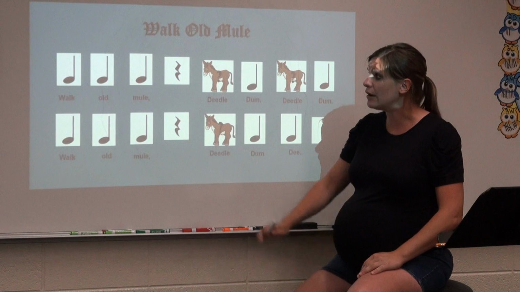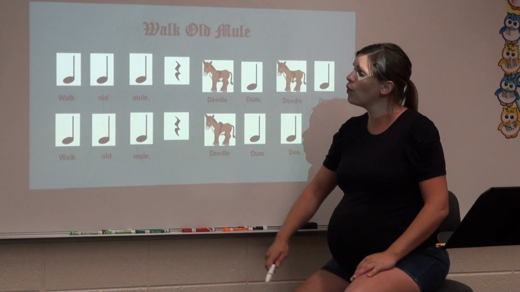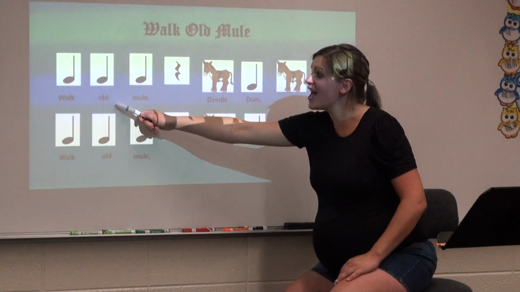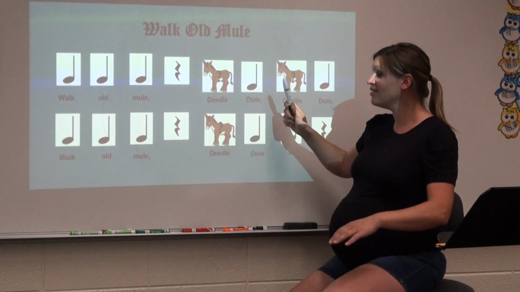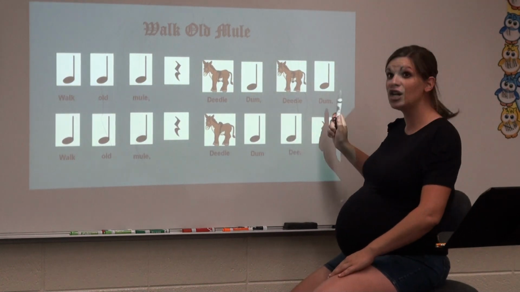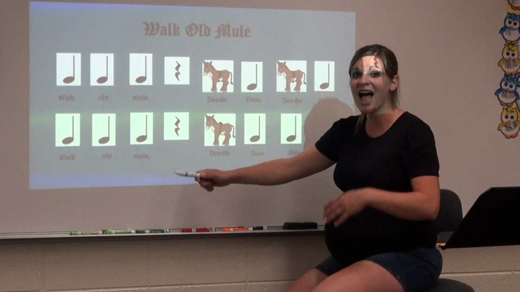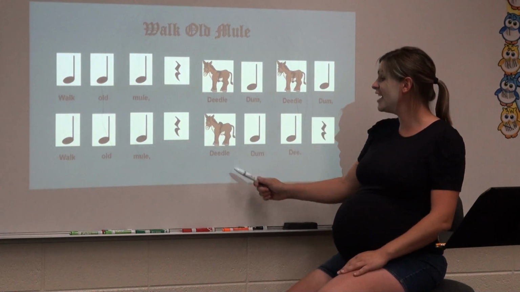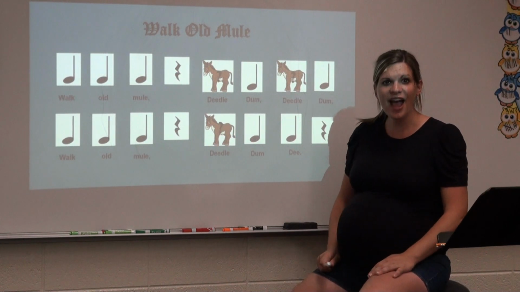Because there's one sound, it makes sense that it's a ta. So we could trade out the words for ta, ta, ta, diddle, ta, diddle, ta, ta, ta, ta, diddle, ta, ta, rest.